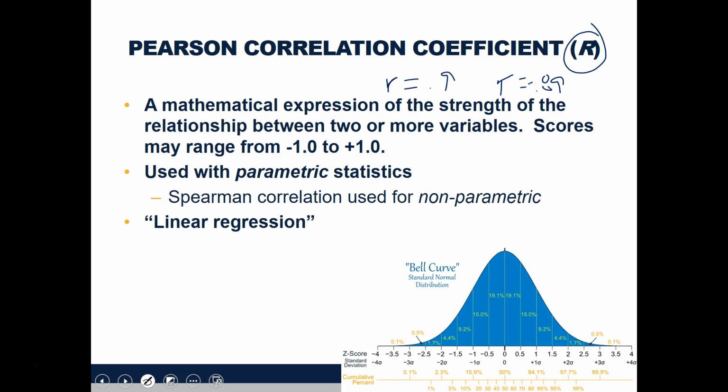You recall from previous weeks in the first half of the semester, when we talked about descriptive statistics, we looked at this bell curve. The bell curve is basically a description of the data that we collect, and it tends to have this bell shape. And that's what we consider to be a normal data set, or a normal curve.